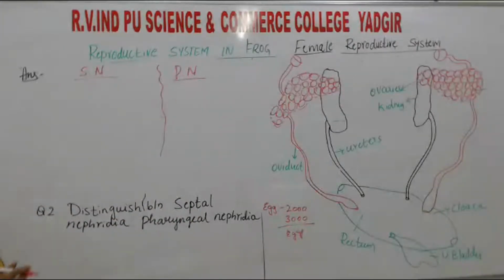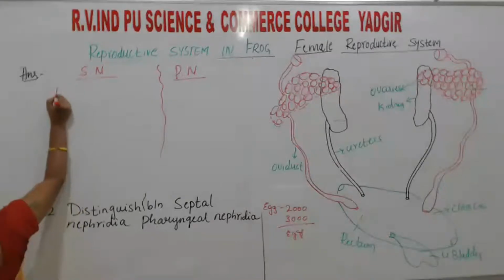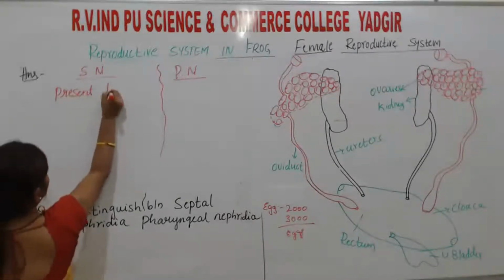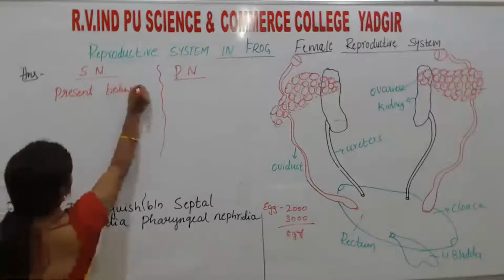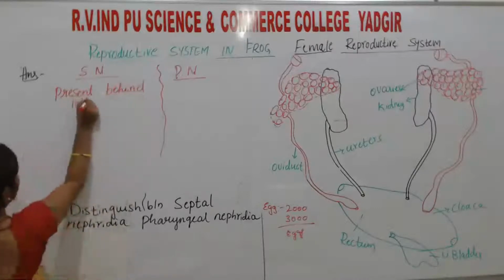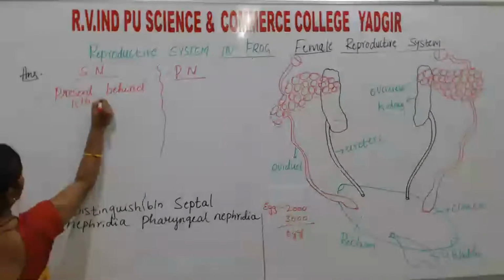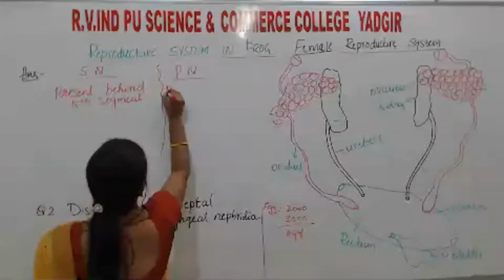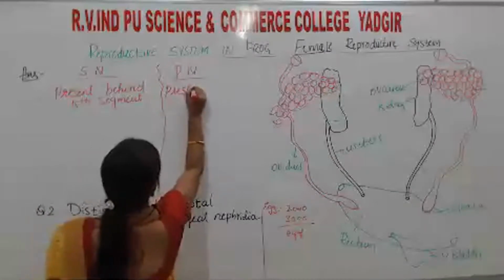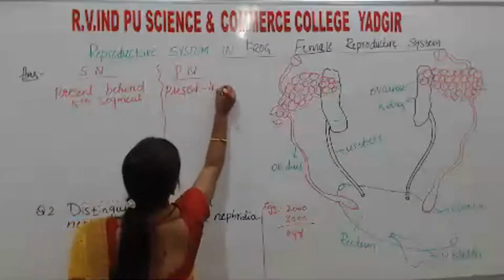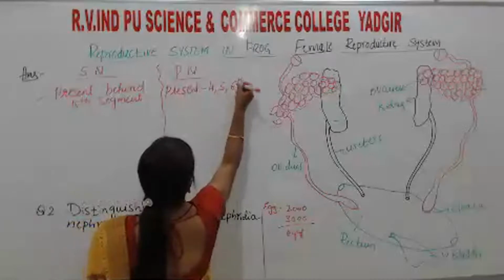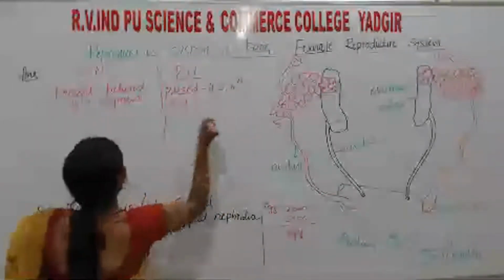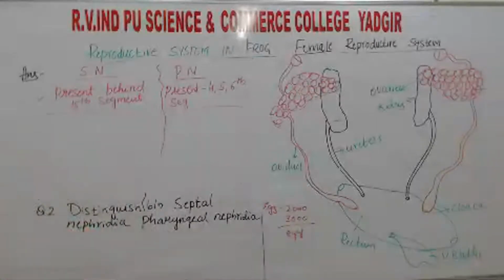Septal nephridia are present behind the 15th segment in earthworm. Pharyngeal nephridia are present in the 4th, 5th and 6th segments. This is one difference you can give.